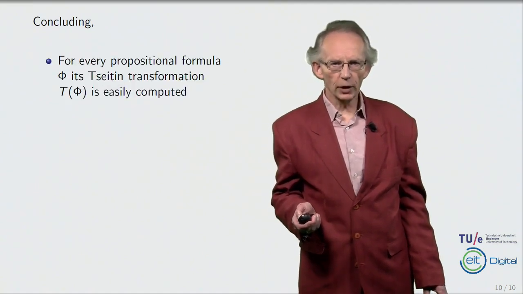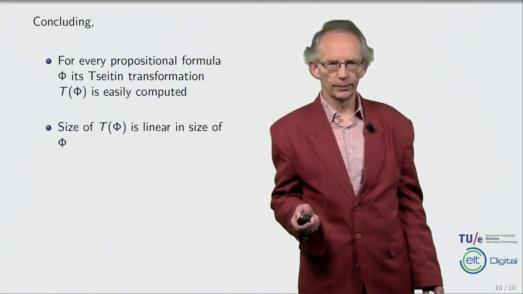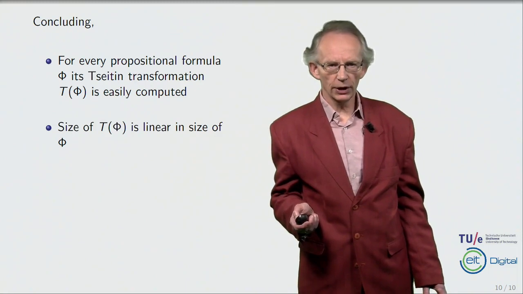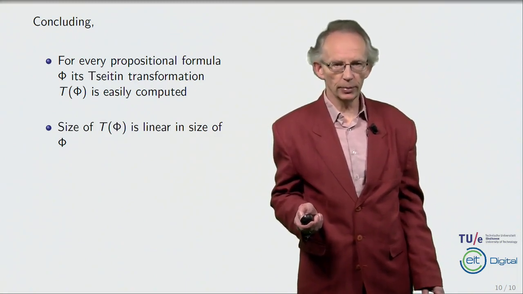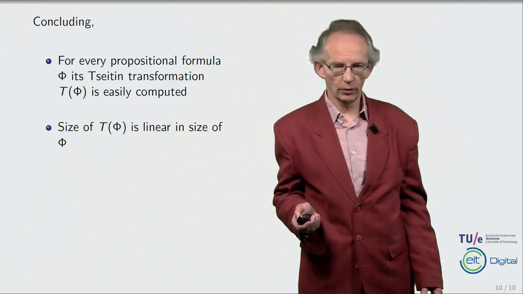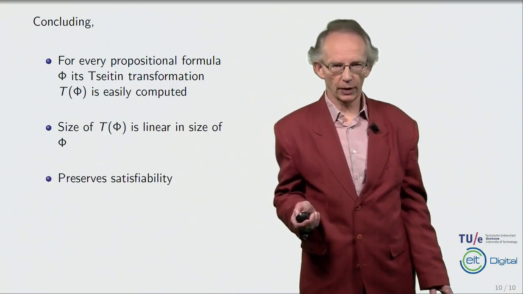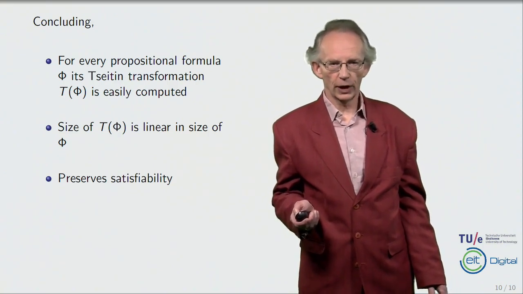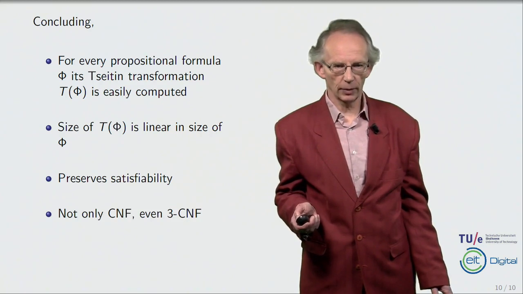Concluding, for every propositional formula φ, its Tseitin transformation Tφ is easily computed. The size is linear in the size of φ, so there is no exponential blow-up, not even a polynomial blow-up, only linear. And it preserves satisfiability: a formula φ is satisfiable if and only if Tφ is satisfiable.